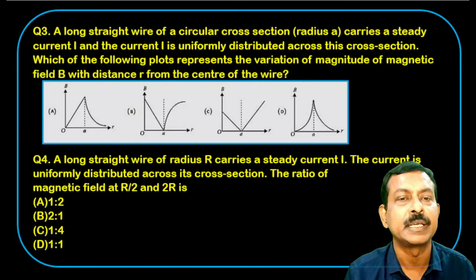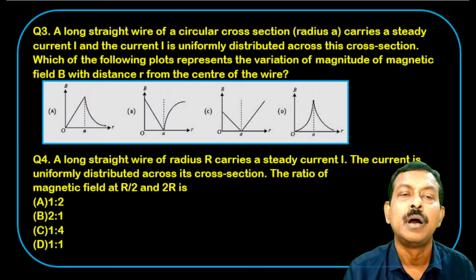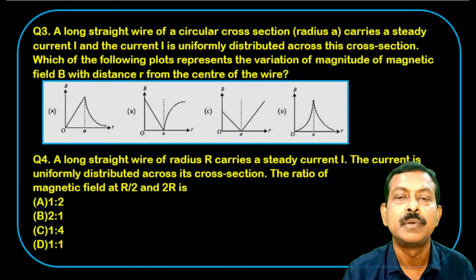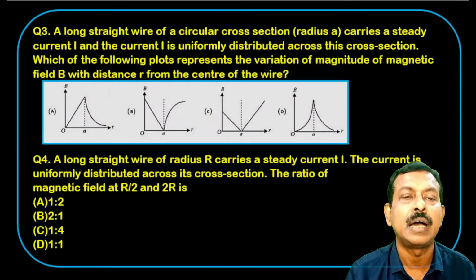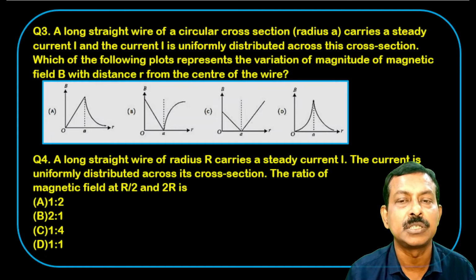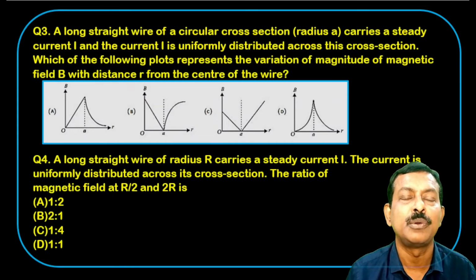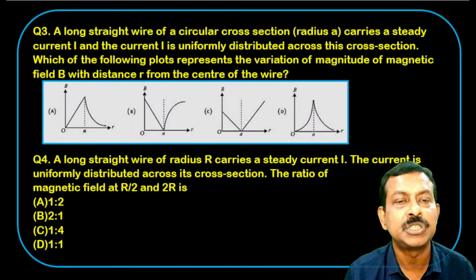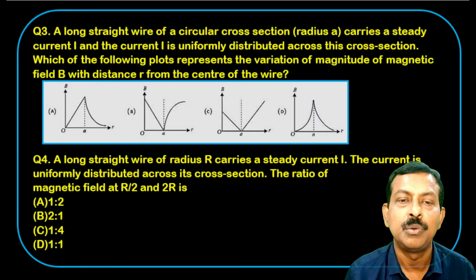Let's now take the next question. A long straight wire of circular cross section, radius a, carries a steady current I, and the current I is uniformly distributed across the cross section. Which of the following plots represents the variation of magnitude of magnetic field B with distance r from the center of the wire?